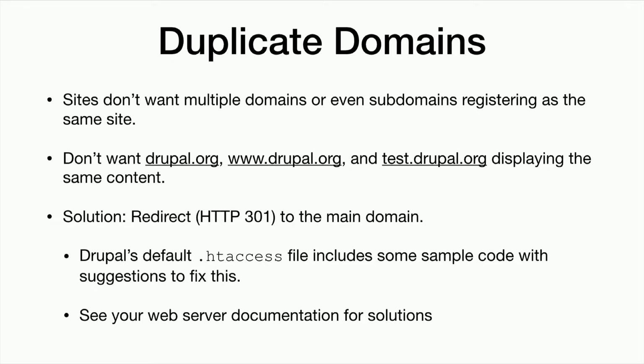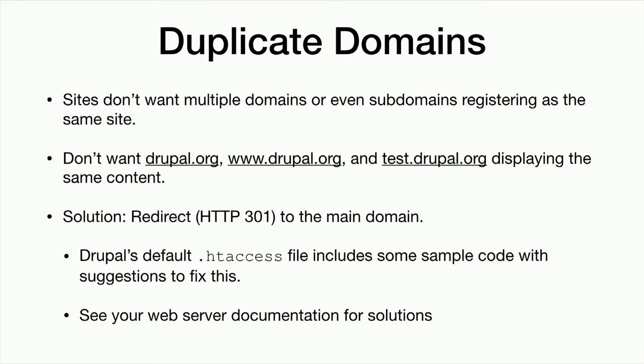Maybe if you type in Drupal.org or www.drupal.org, or maybe even something like test.drupal.org, you all get the same site content. Hypothetically, search engines could say, oh, look, this is actually 3 different websites that all have the same stuff.